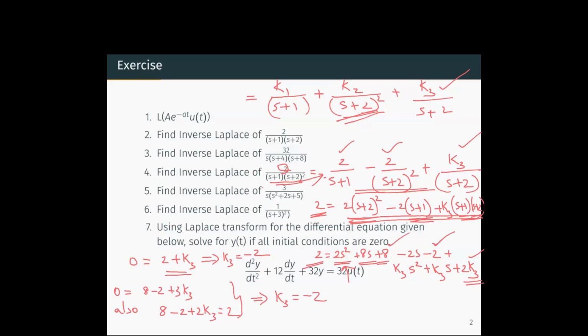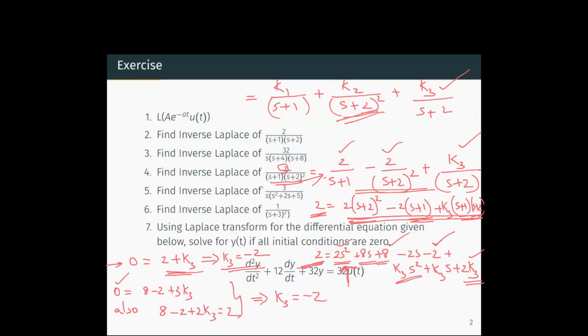When you equate that, you will get the value of k3 as minus 2. Similarly, you can also equate the coefficients of s square terms. The coefficient of s square on the left hand side is 0. On the right hand side, you have the coefficient 2 and k3 s square.